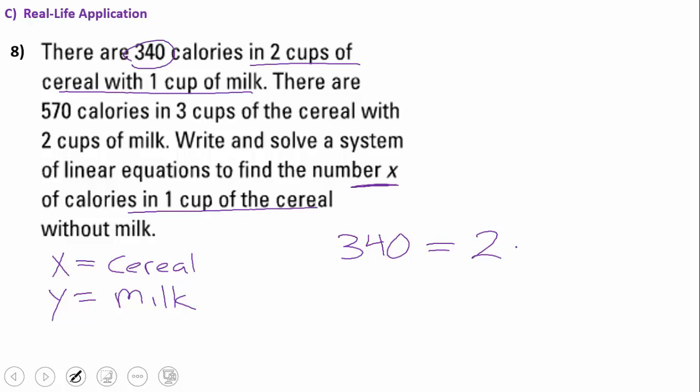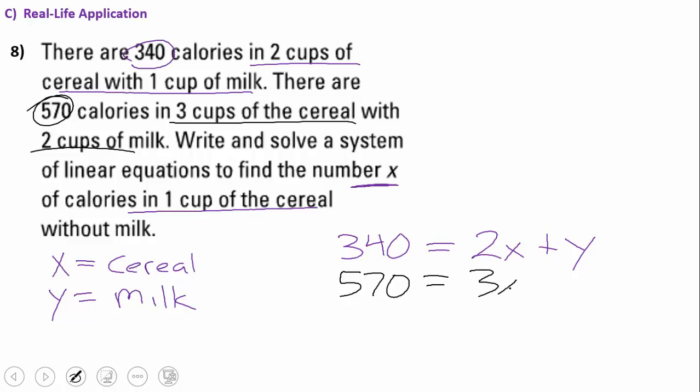Well, cereal is represented with an X. And 1 cup of milk, so plus Y. That's 340 calories. Our second equation says that there are 570 calories in 3 cups of cereal with 2 cups of milk. So we write 570 calories with 3 cups of cereal, and this time 2 cups of milk. So 2Y.